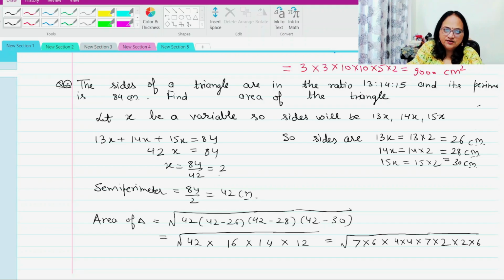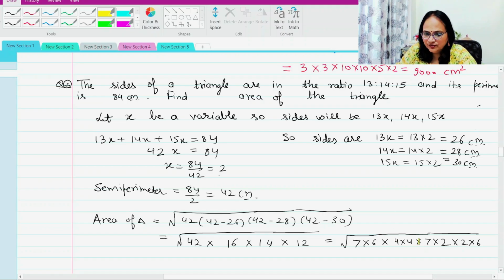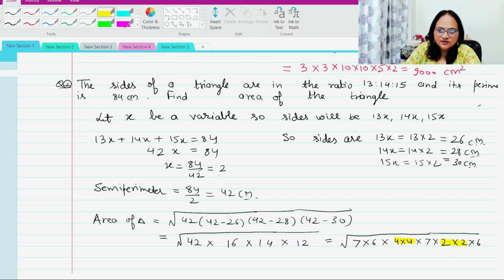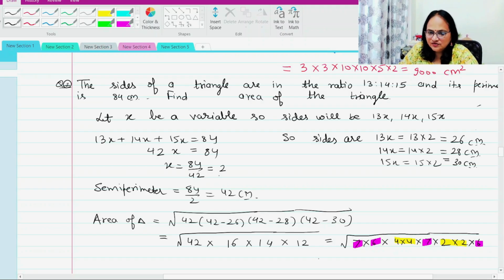So let's make pairs of the same numbers. 4, 4 of course in pairs, 2, 2 pairs, then we have 6 and 6, and then 7 and 7. Okay, all the numbers are there in pairs. So 7 into 4 into 2 into 6, right? 6 2s are 12, 48 into 7, calculate.